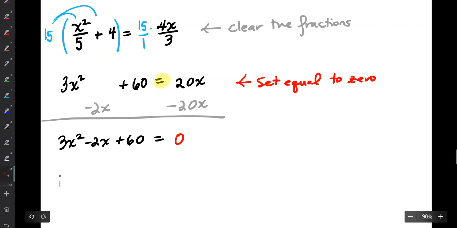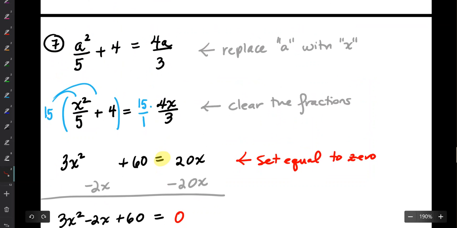Dealing with a being 3, b being minus 2, and c being 60 is most likely preferable. If I didn't set this equal to 0 first, and didn't clear these fractions, a would be 1/5, b would be minus 4/3, and c would be 4.